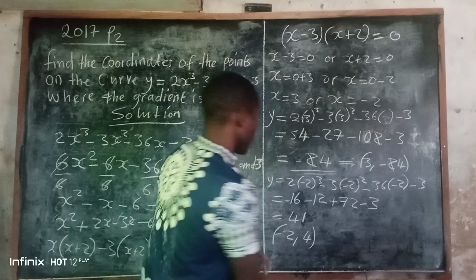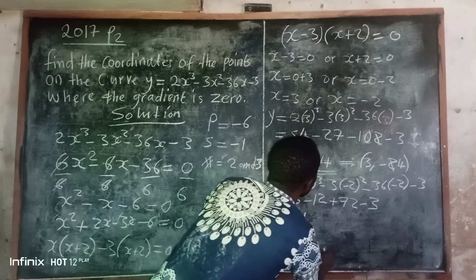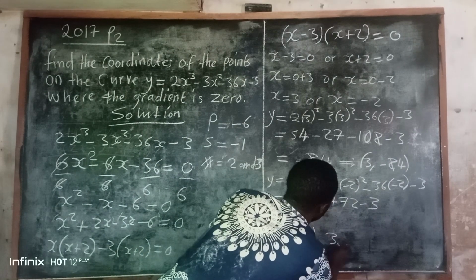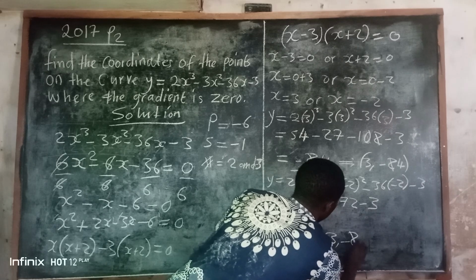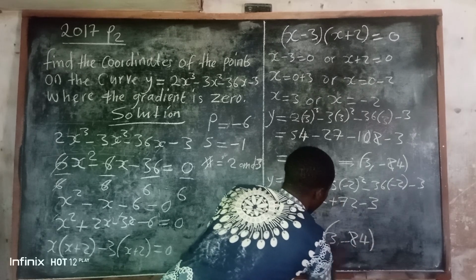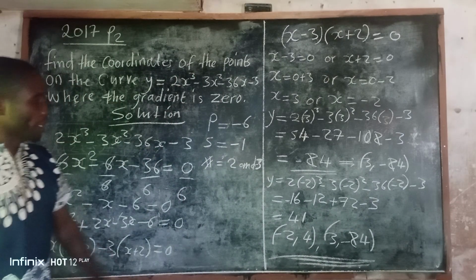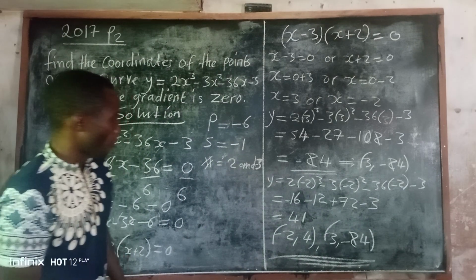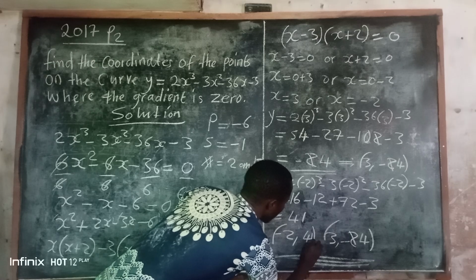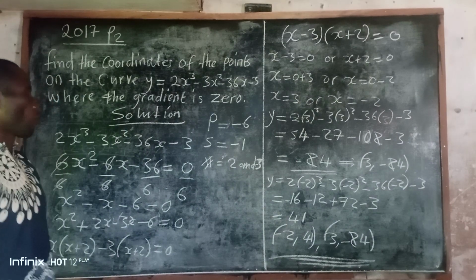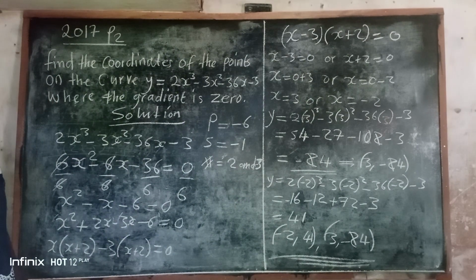Okay? So these are the coordinates that they are looking for. Hence the answer. So that would be our answer. Here we put 41. So negative 2 comma 41. So that would be our answer.